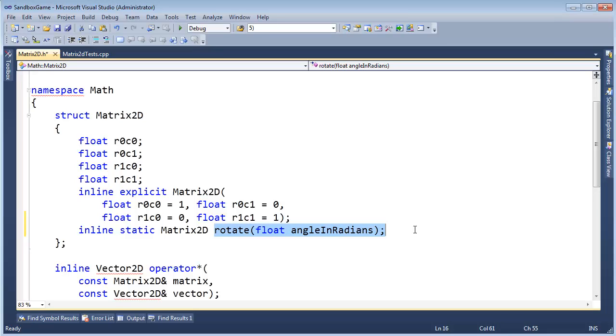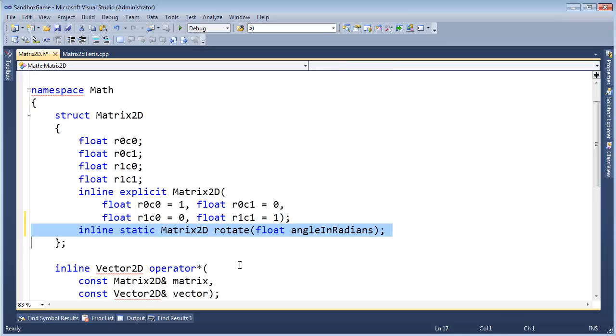Factories in real life, you feed them a bunch of material and out pops a product. So car manufacturing, for example, give it a bunch of steel and plastic and whatever else they require, and out pops a car. And we're going to feed this factory function an angle in radians, and it will pop out a matrix that I can apply to a vector that will perform that rotation.